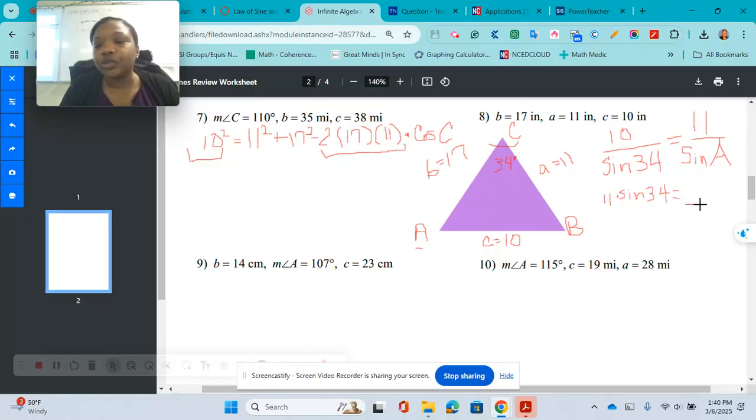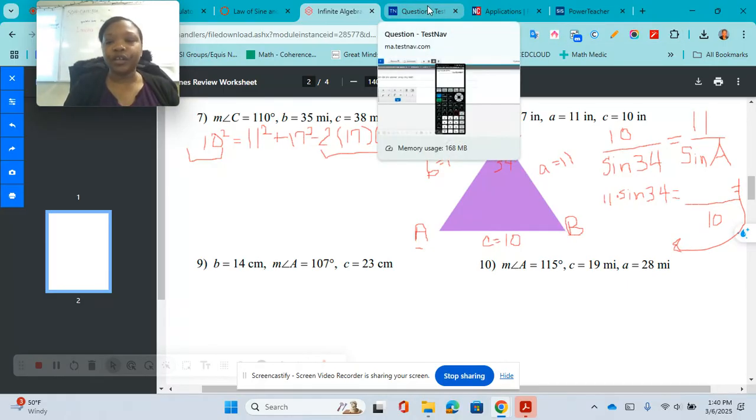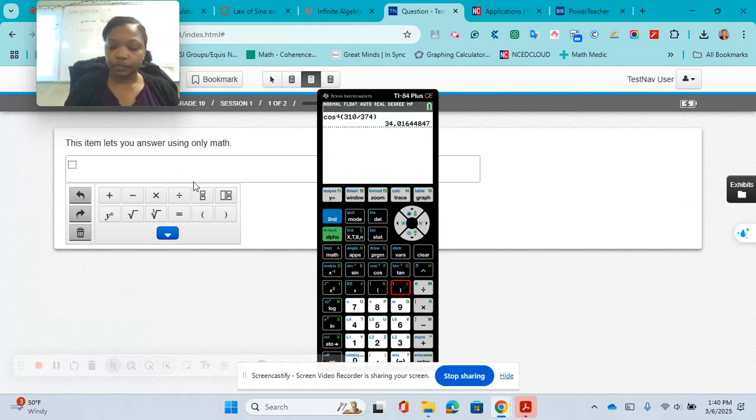Whatever that equals, we need to end up dividing that value by 10, which is the number that's left over, and that will give us our answer. All right, so 11 times sine of 34, and then divide it by 10.